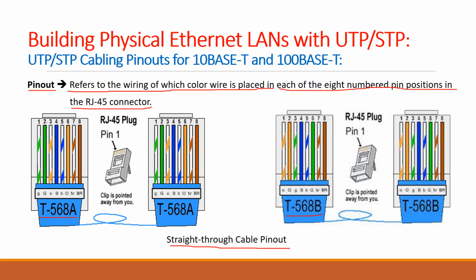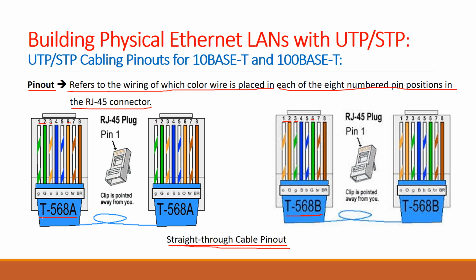T568A uses 1 and 2 for green and 3 and 6 for orange. But T568B uses 1 and 2 for orange and 3 and 6 for green. But you need to connect green to green and orange to orange to have a straight through cable.